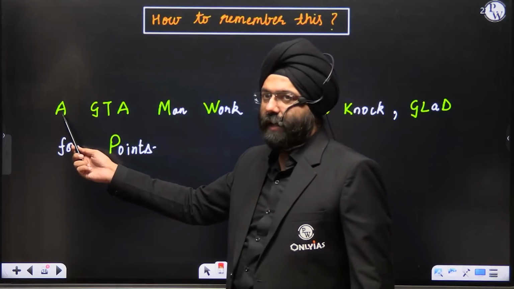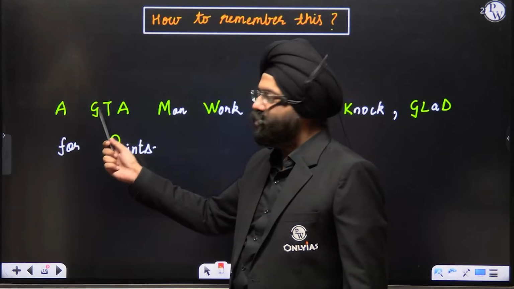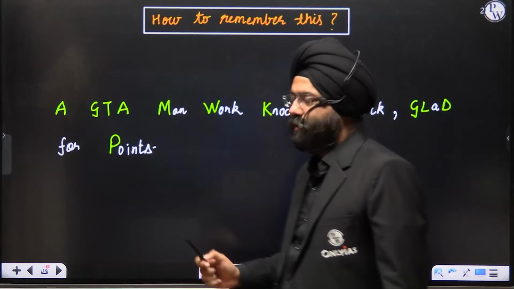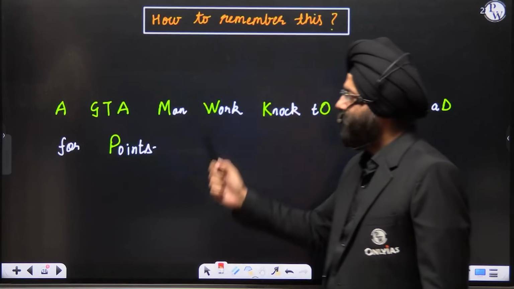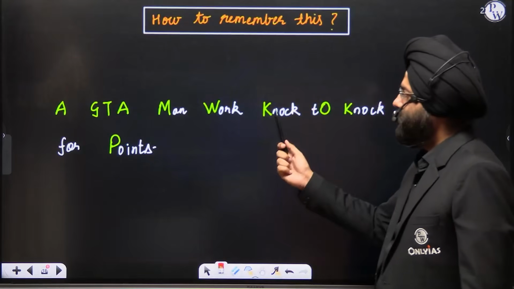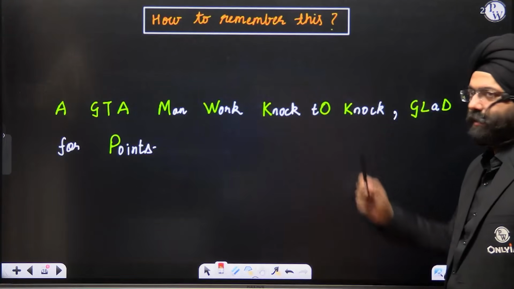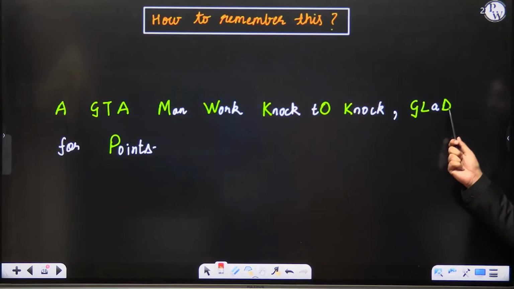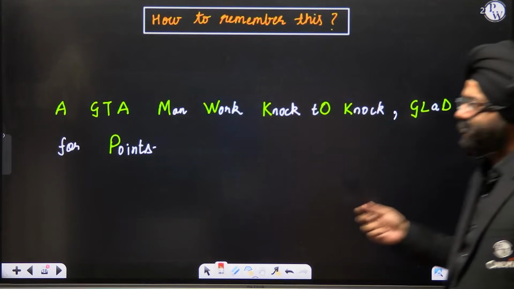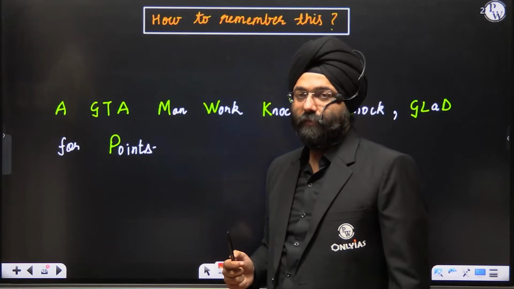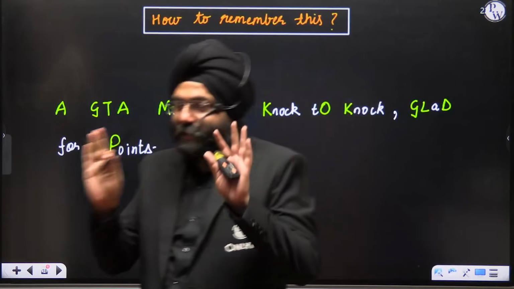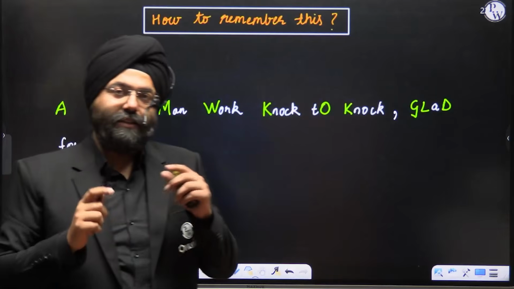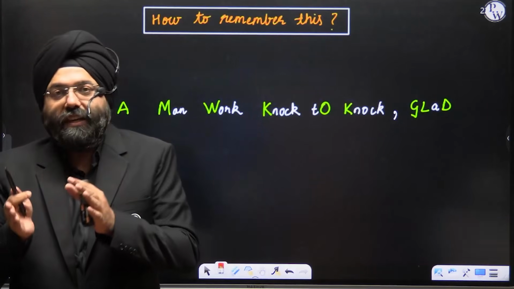Andaman and Nicobar Islands, Gujarat, Tamil Nadu, Andhra Pradesh, Maharashtra, West Bengal, Karnataka, Orissa, Kerala, Goa, Lakshadweep, Daman and Diu, Dadra and Nagar Haveli, and Puducherry. Now see, I tried my best to make mnemonics, and this was the easiest mnemonic I could create. It was easy for me to remember, and possibly for you also.